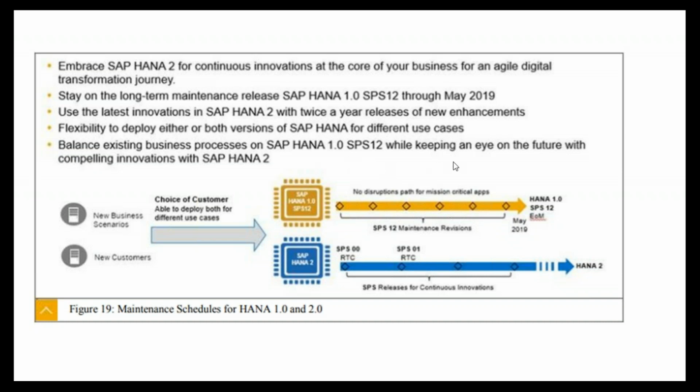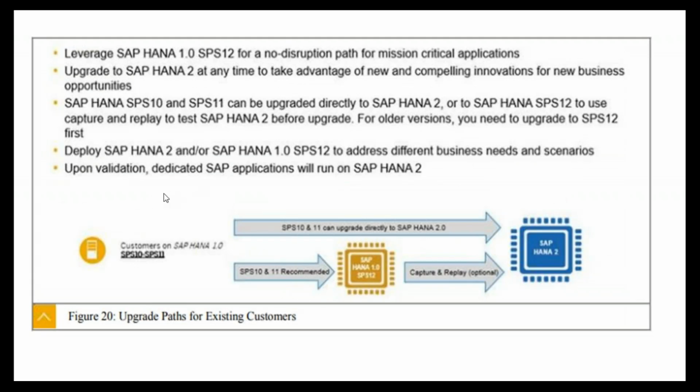HANA 1.0 Service Pack 12 while keeping an eye on the future of compelling innovations. So leverage HANA 1.0 Service Pack 12 for a no-disruption path for mission-critical applications. Upgrade to HANA 2.0 at any time to take advantage of new compelling innovations and new business opportunities.